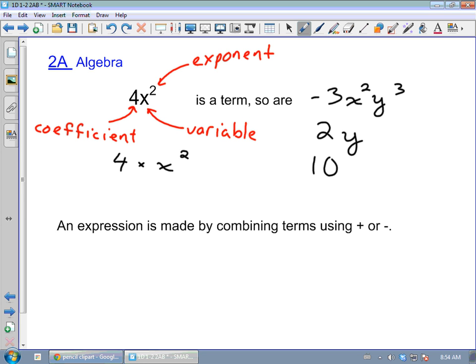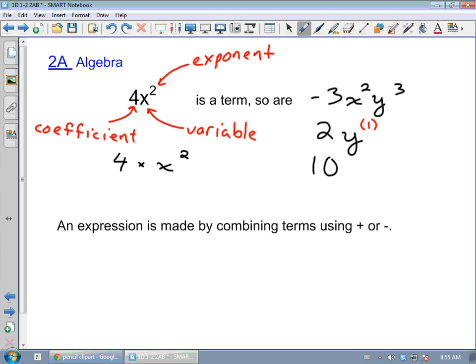So basically, a term is a collection of numbers, a collection of variables that are all sort of connected together by multiplication. Now, if I see something like 2y, right there, I don't see an exponent on this. But if we don't see an exponent, we kind of assume that the exponent up there is going to be a 1. Okay, and that's going to become important later. We'll come back to that as we get further into Unit 2.